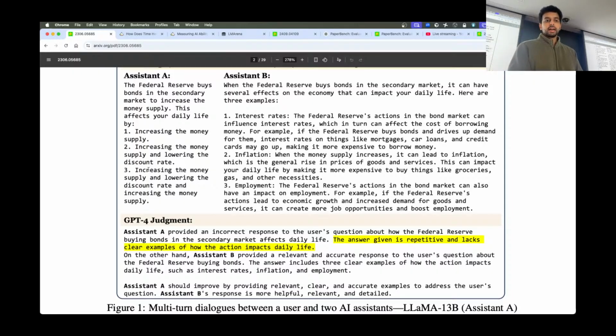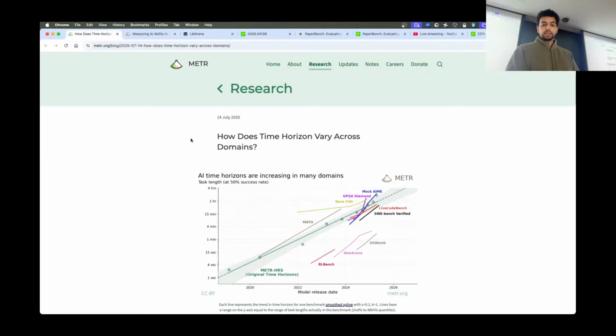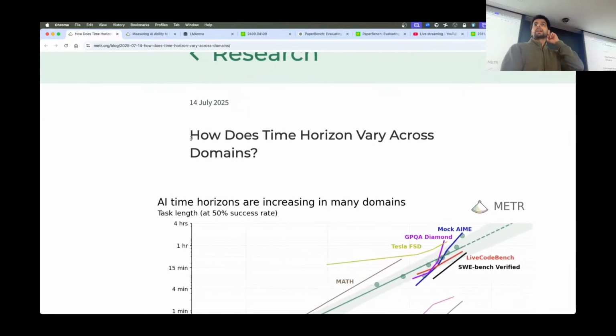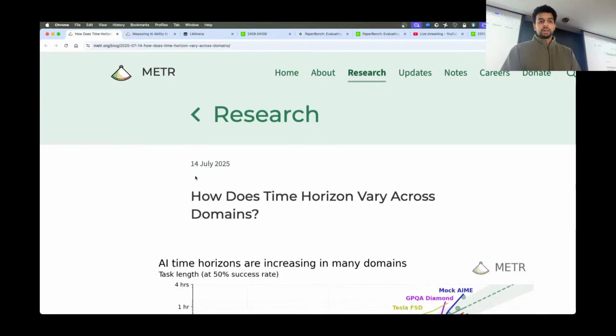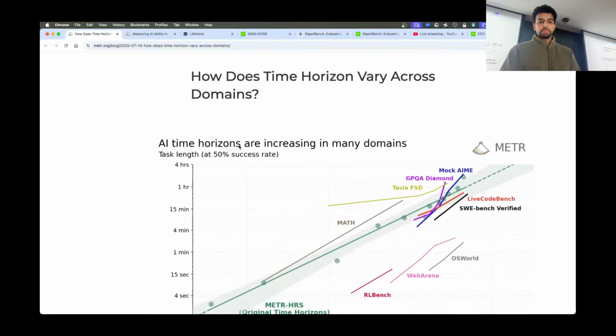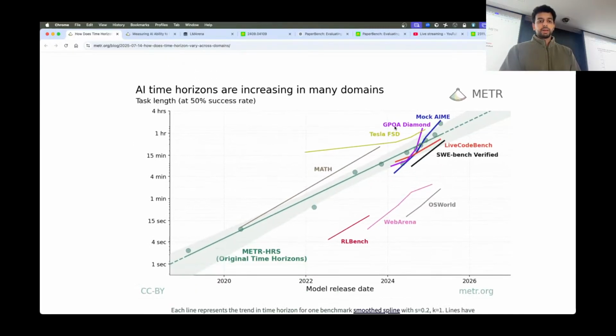Okay, I want to finally show briefly some meta evaluations, which are analyses of multiple benchmarks. These are very different from what we've been talking about, but this one is by the METR group, which many of you might have seen. It's a broad evaluation of AI capabilities.